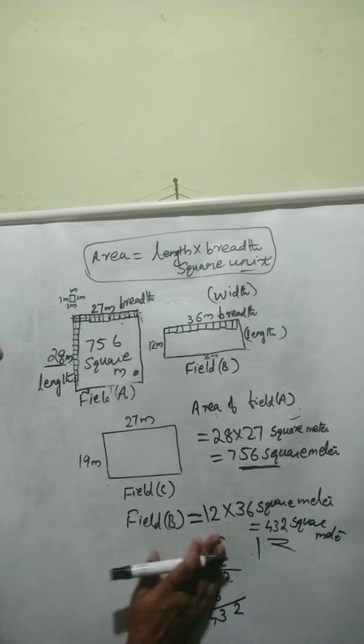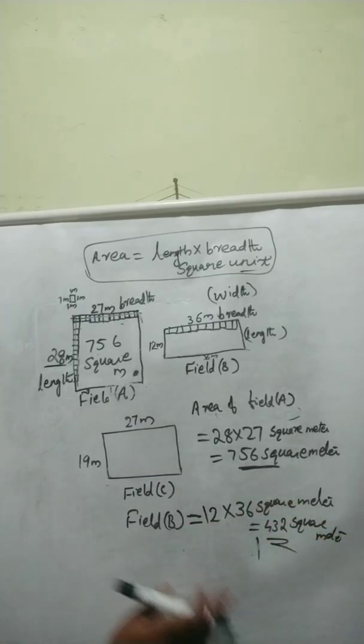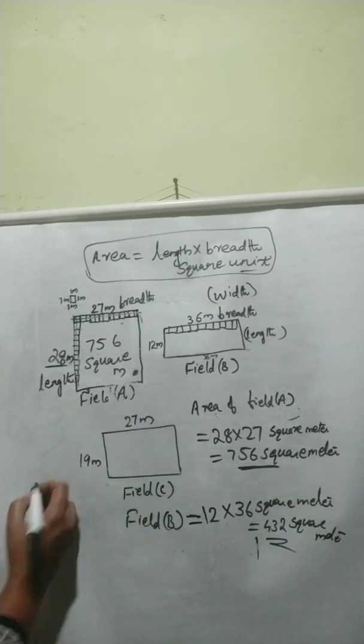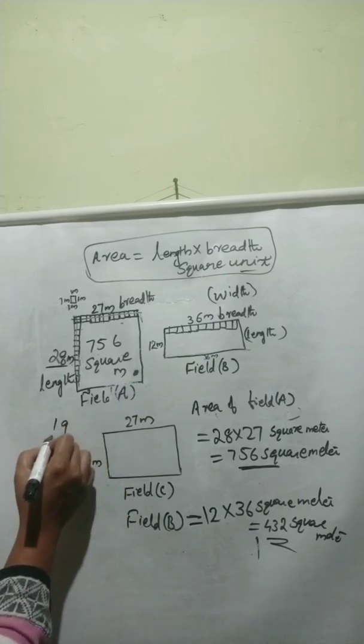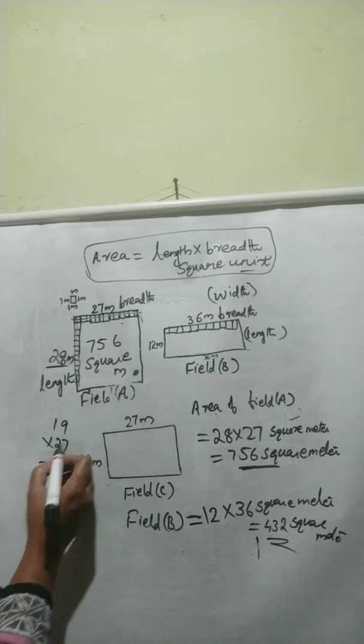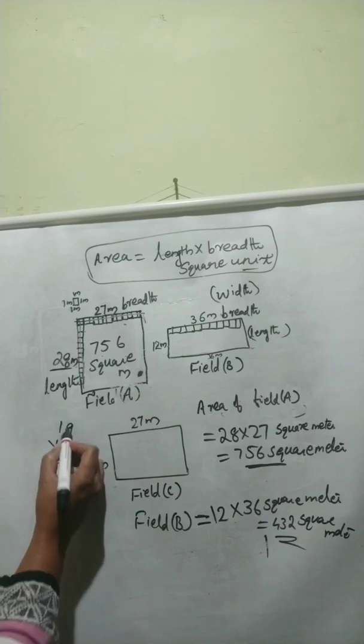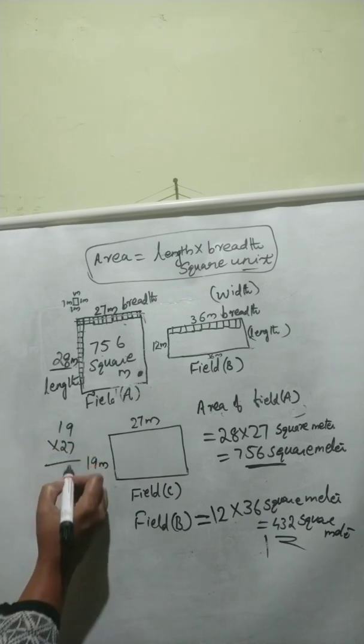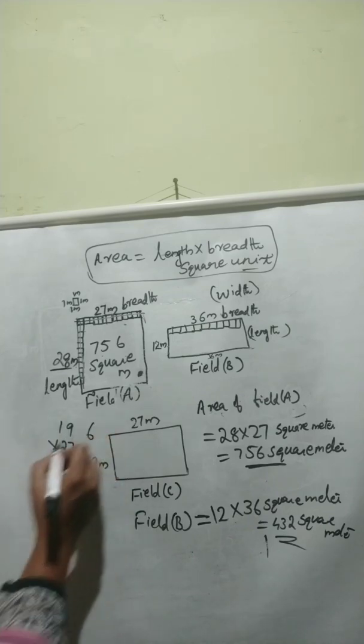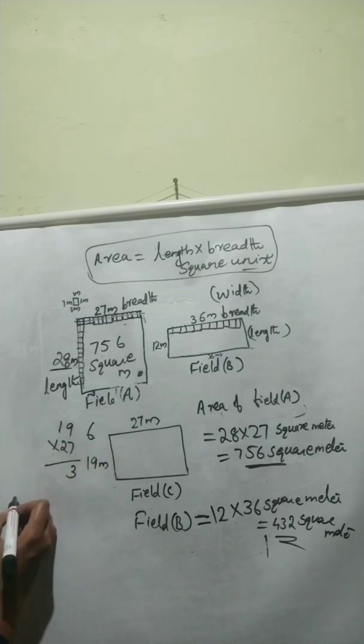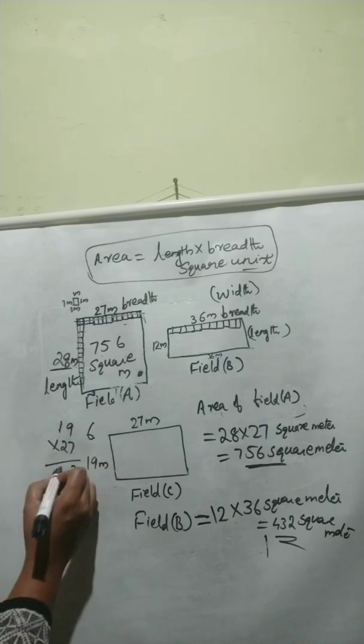Then next we have to find the area of field C. How can we find out? 19 into 27. So here 7 times 9, that is 63. 6 will be carried, 7 plus 6, 13.